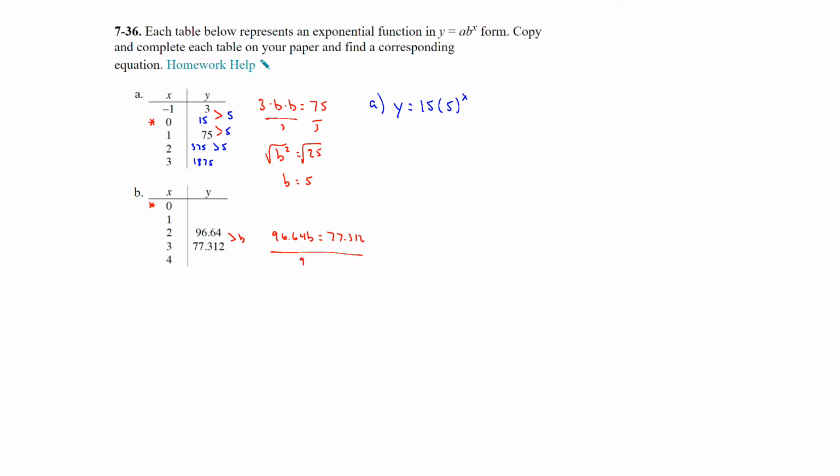So we'll divide both sides by 96.64 to find our b value, and that gives us a b value of 0.8. So now we know that. We can take the 77.312 and multiply by 0.8 to find the next term in the table, which would be 61.8496. That's exactly what it is. We could round, but I wrote the exact value.